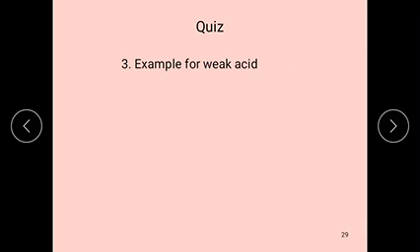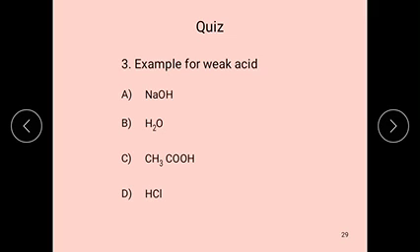Now let us see the third question. Example of weak acid. A. Sodium hydroxide, B. water molecule, C. acetic acid, D. HCl. Among four, the first one is a base, so it is not a suitable answer. Sodium hydroxide is a base. And next one is H2O. It acts as amphoteric in nature.